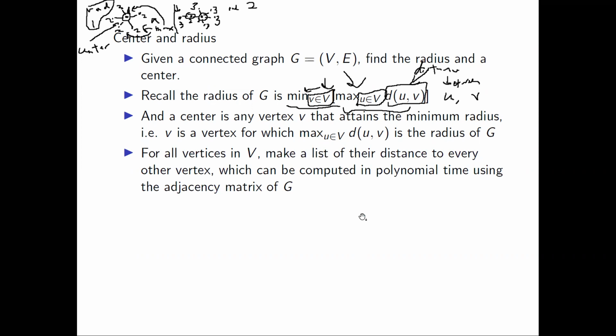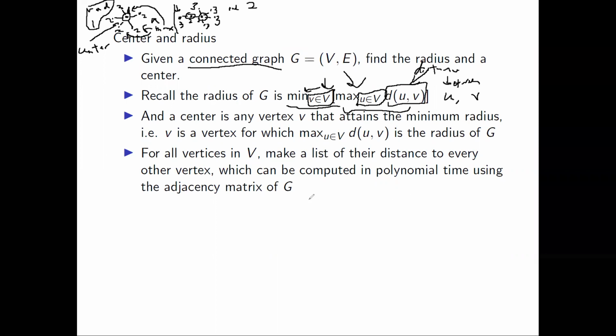And one way we can do this is we can take all the vertices of our graph, so all the vertices in V, and we can make a list of their distance to all the other vertices. And I'm just gonna underline, our graph is connected here, so every vertex has some distance to every other vertex.